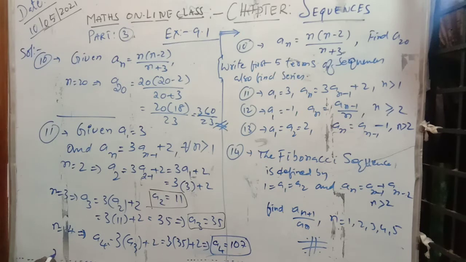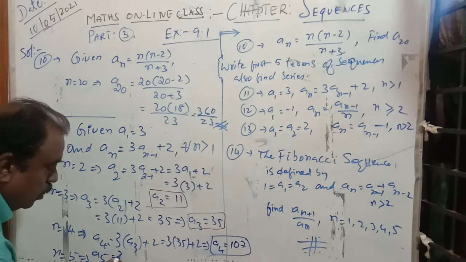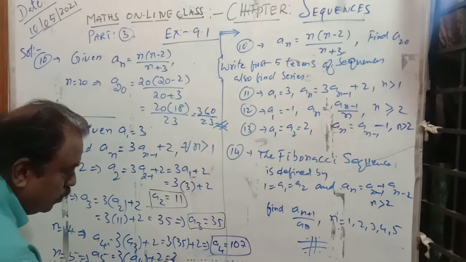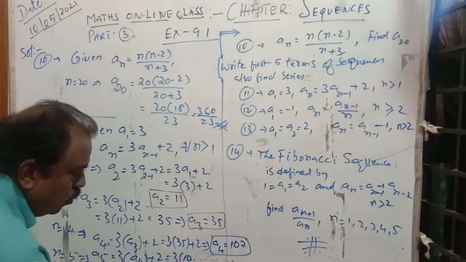And n is equal to 5. It is A5, 3 into A4 plus 2, 3 into 107.